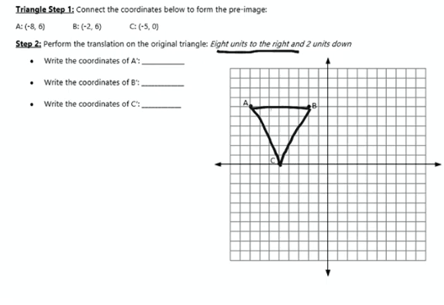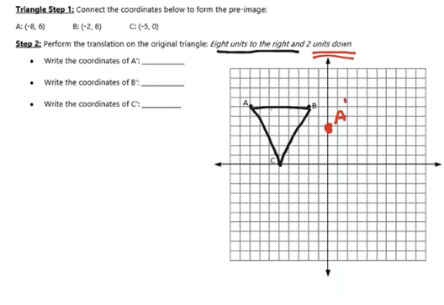So 1, 2, 3, 4, 5, 6, 7, 8. And you actually should end up right on that y-axis, except we're not done. A lot of times we make mistakes because we don't do the second part of the translation. The second part is 2 units down. So from here, you're going to move 2 units down. So that would be your point A. And don't forget to label A prime.